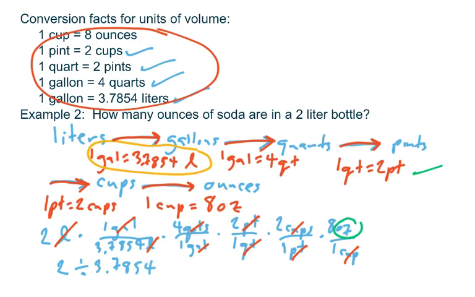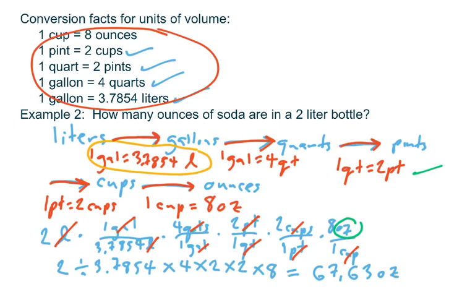The 4 is in the numerator, so multiply by 4, multiply by 2, also in the numerator, and multiply by 8. The answer will be in ounces, and you get your calculator out and punch buttons. Rounded to 2 decimal places, that's going to give me 67.63 ounces.